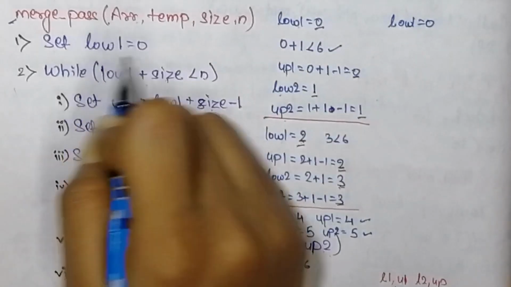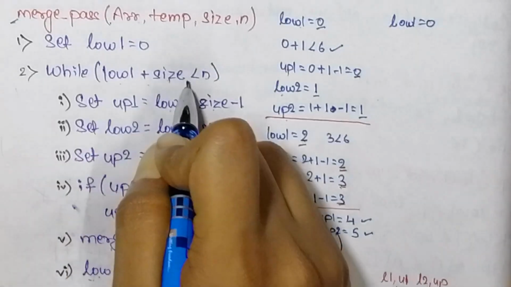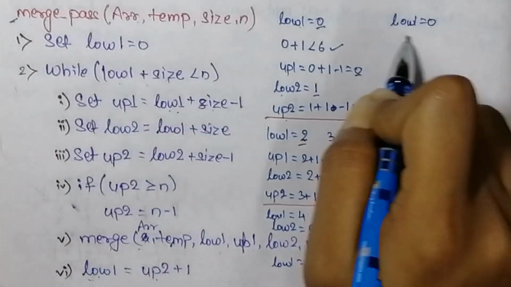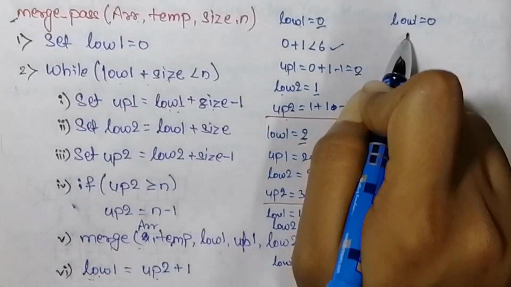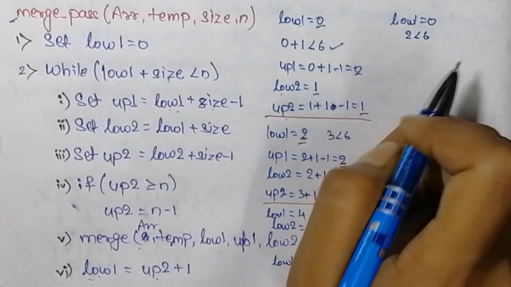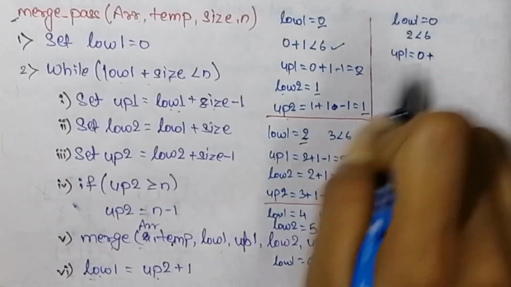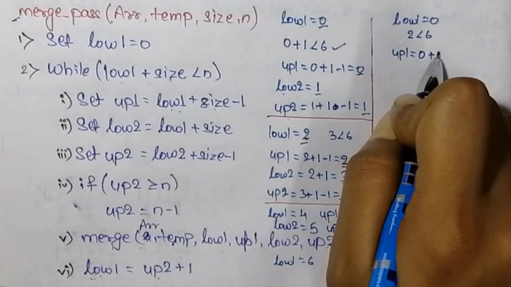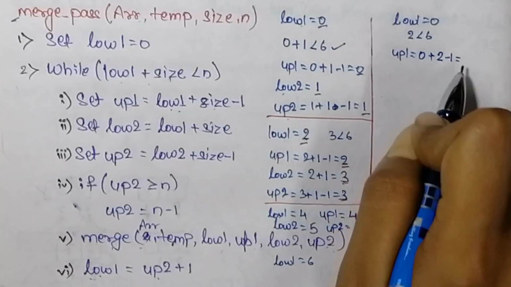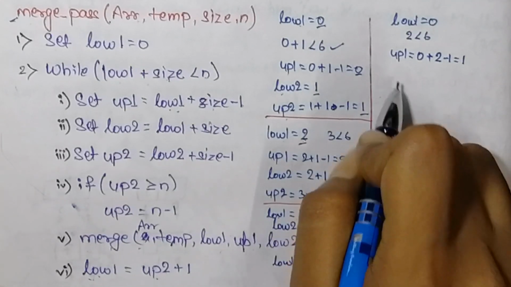We'll set low1 as 0, then while low1 plus size is less than n, that means 0 plus size, the value of size was 2, so 2 is less than 6, yes. So we will set up1 equals low1 plus size minus 1, size is 2, minus 1, that is 1, right?